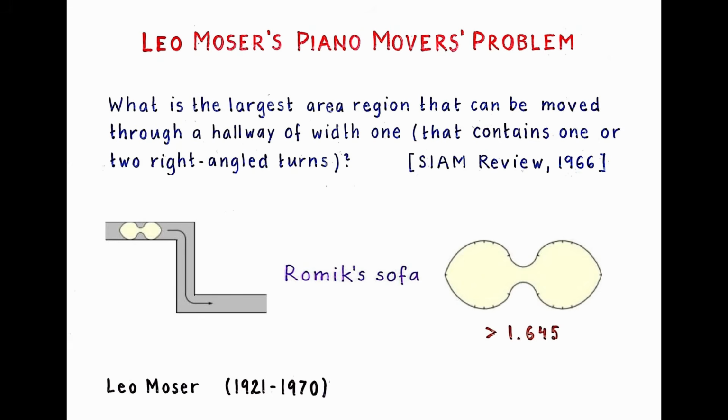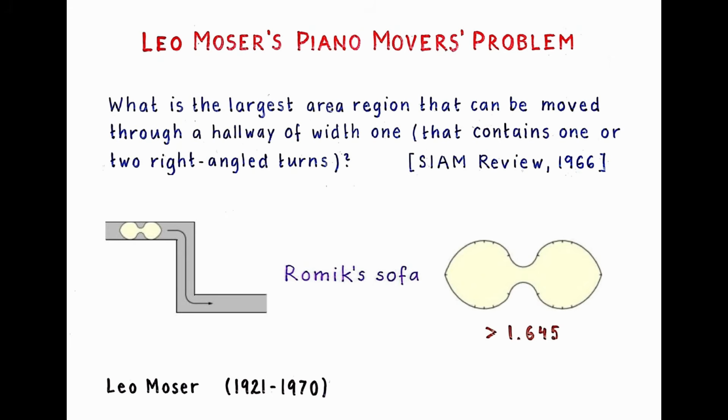You want to find the largest area region that you can move around in a corridor which has right angle turns, can turn to the left, can turn to the right. And there is an important condition that these turns are not too close to each other, because that may complicate life. So how big can such a region be?